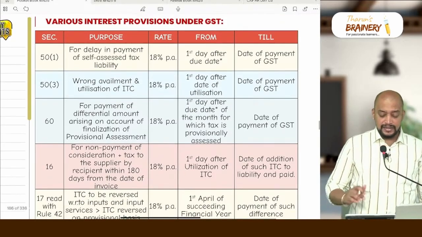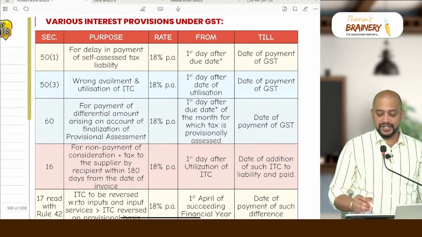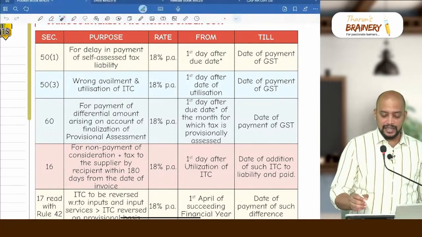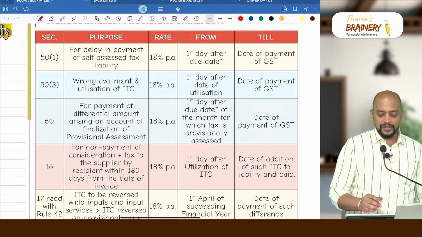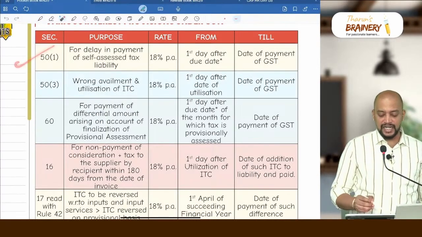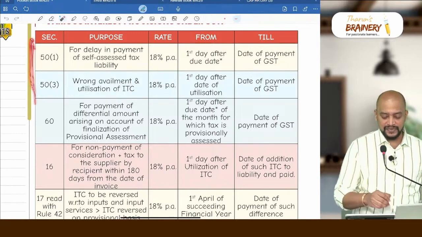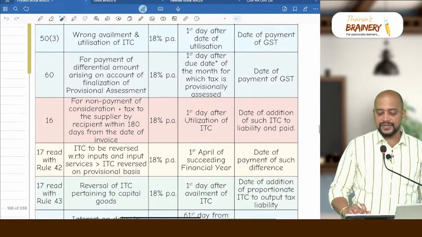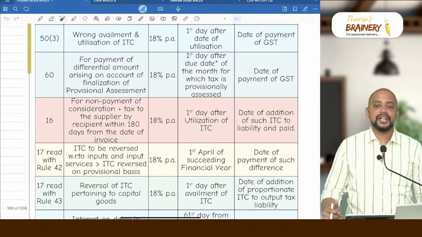First I told you section 50 subsection 1 interest, that is interest on account of self-assessed liability for delay in filing 3B, etc. These things we have seen. Section 60 interest will come into picture in case of provisional assessment.